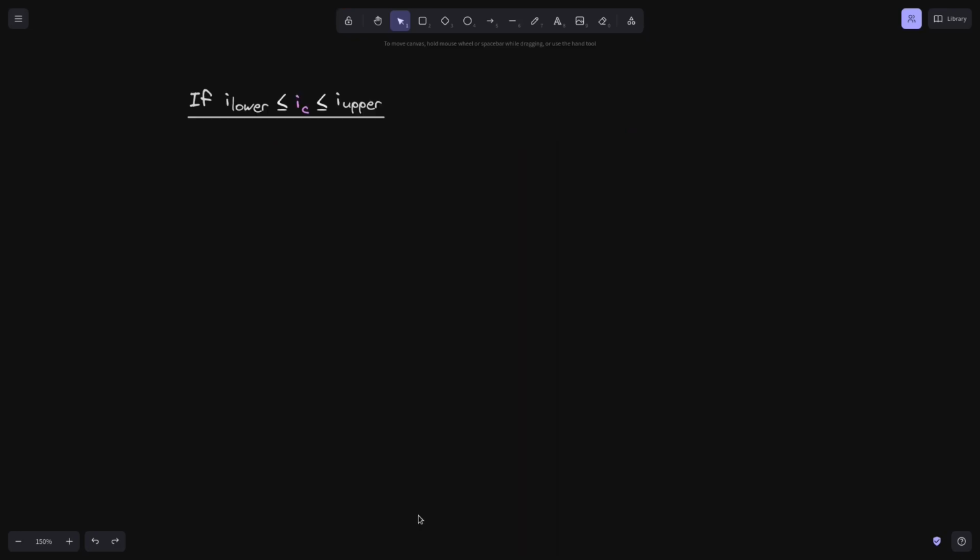Next, let's calculate fee growth inside when the current tick IC is in between I lower and I upper. Here we have a graph, and let's say that I lower, we represent this as IL, and I upper, we represent this as IU. And again, both of these ticks are not initialized. Let's say that when we initialize this position, the fee growth is somewhere over here at FG0.